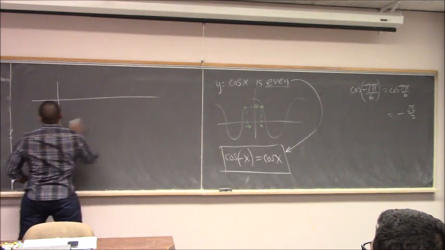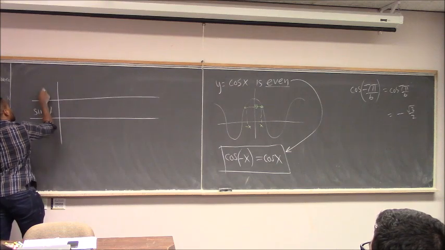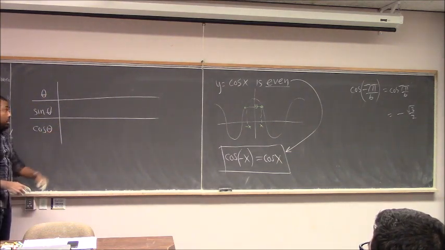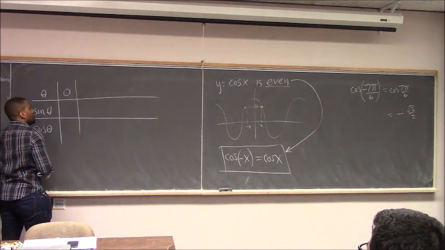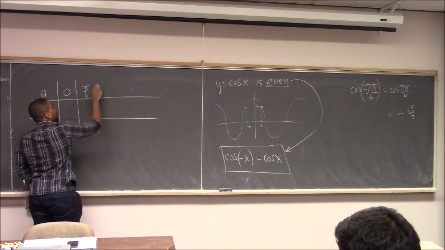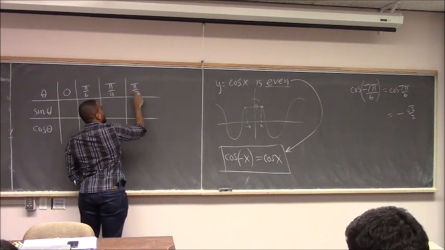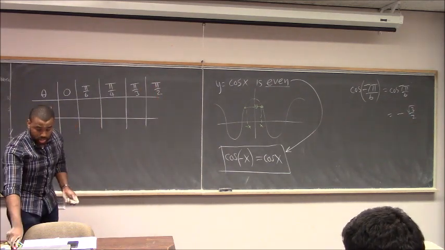So that table I drew for you earlier, with the sine theta, the cosine theta, you can actually do it extended a little bit. You can start with 0, right? And then you can do pi over 6, pi over 4, pi over 3, and you can throw in a pi over 2. So this is when you're throwing in degrees.